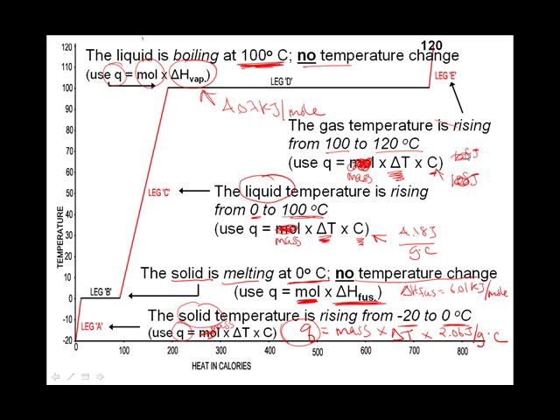I can't write a 7 here. Oh my goodness. It's 1.87 joules per every gram degree Celsius.